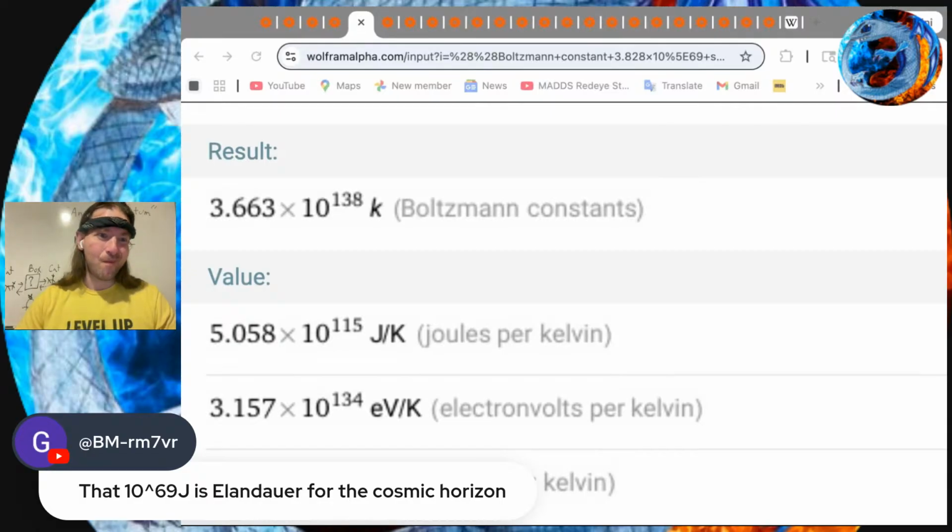Okay. Long story short, if I take that other calculation for mass, I get about 3 times the maximum size of our current observable universe.